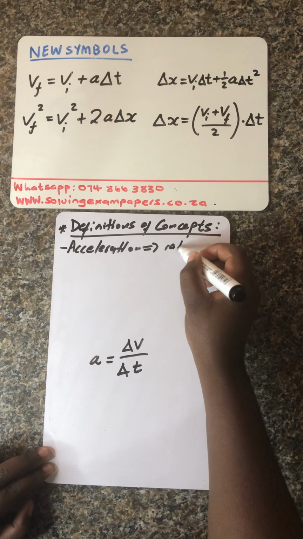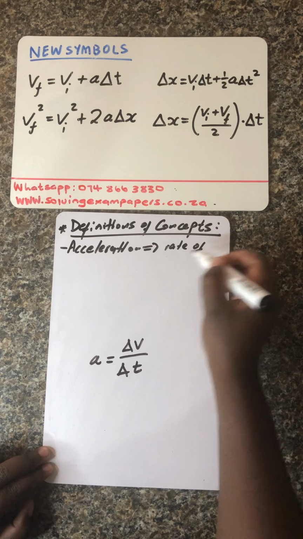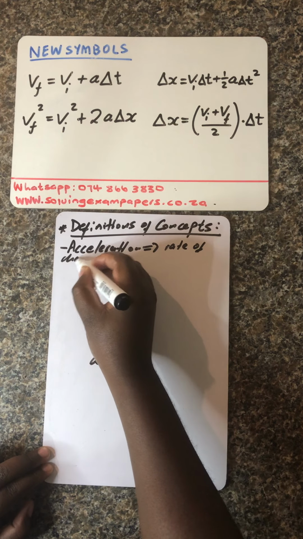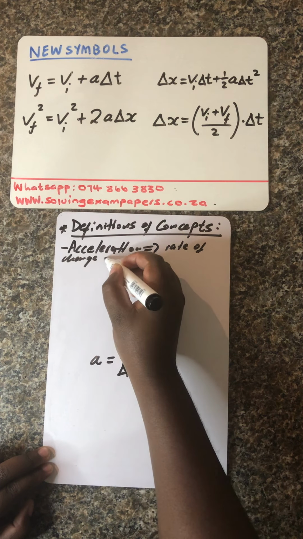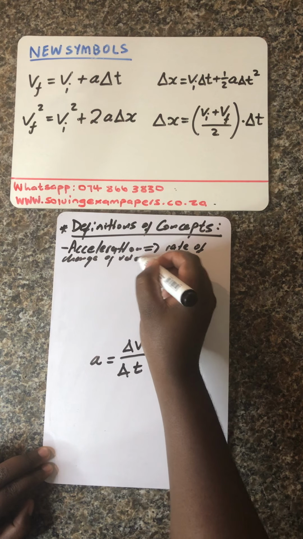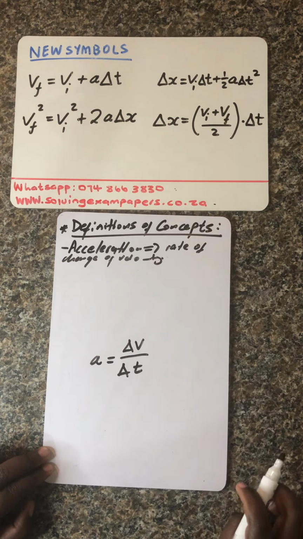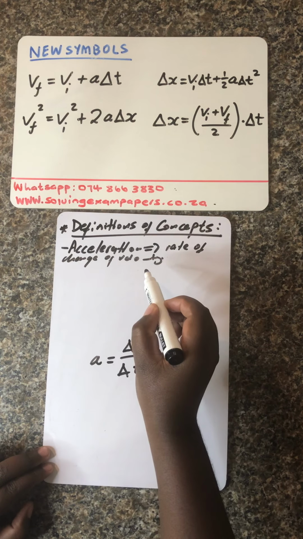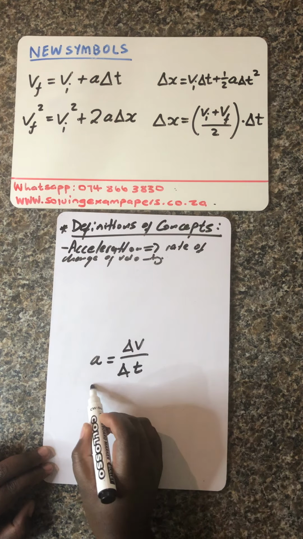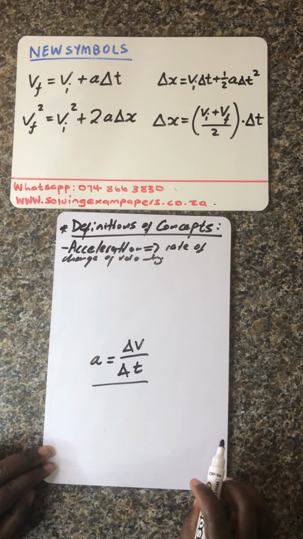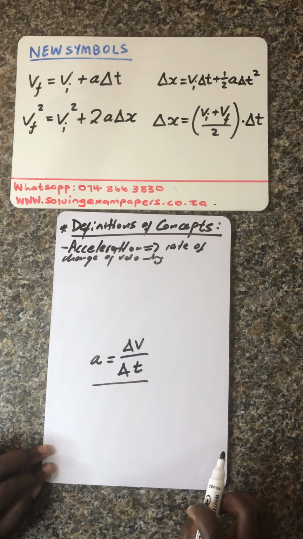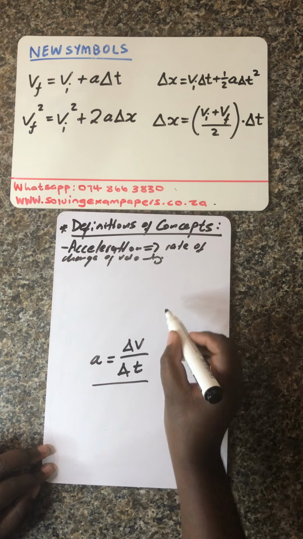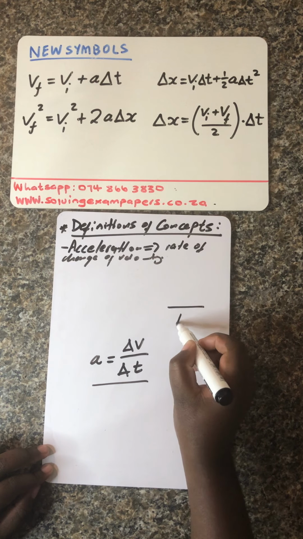Is the rate of change of velocity. Okay, so ladies and gentlemen, in words it is the rate of change of velocity. In terms of an equation, this is how it is represented. So remember guys, at all times, the moment when we say the rate, just know that it's something over time.